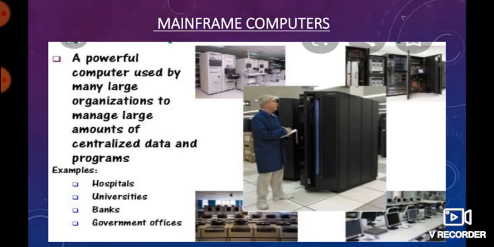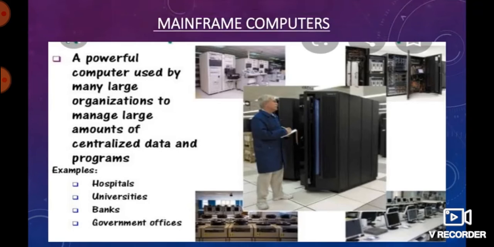In very big organizations like hospitals, universities and banks, mainframe computers are used. These systems are also multi-processor systems which have multiple processors fixed inside, and they work on centralized data and programs. Like if we are talking about a bank, we all know that there are so many branches of SBI in Chhatarpur also, but the data is stored at a central point where all the data is centralized to a single position.